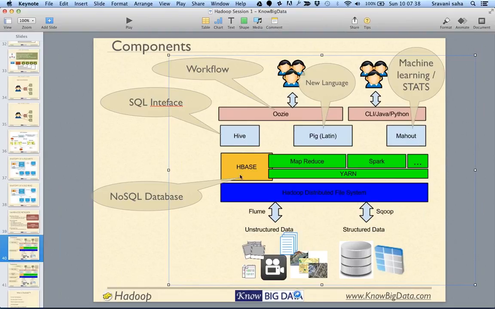Above that is HBase, a database which basically stores its data onto HDFS, and HBase is more like a data store, not a database. HBase is a NoSQL database, meaning it's a distributed database. NoSQL database is essentially a distributed database in that any data you push to a NoSQL database goes to multiple computers.